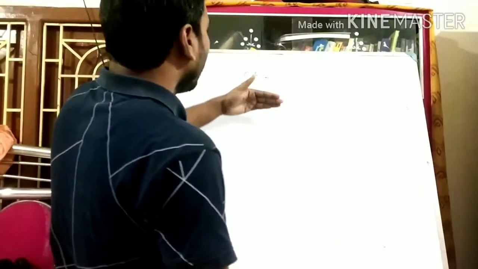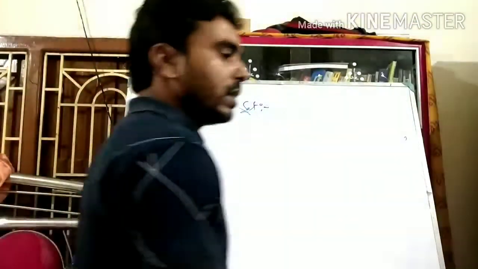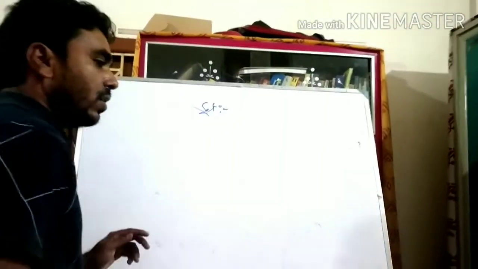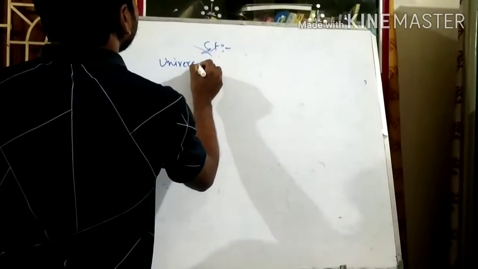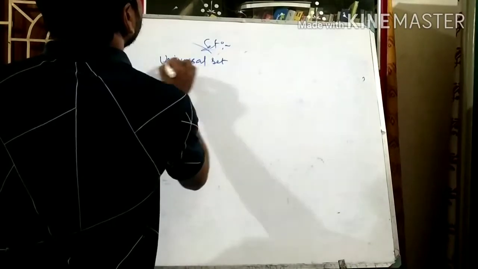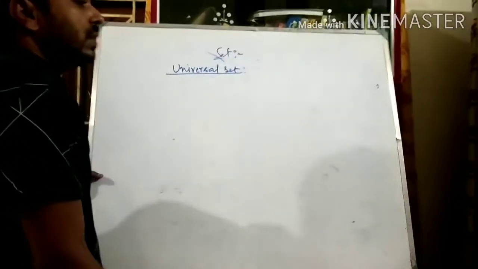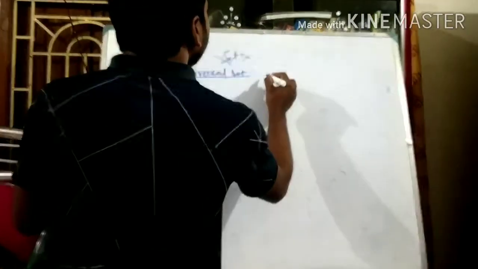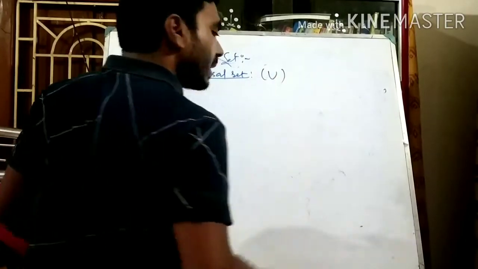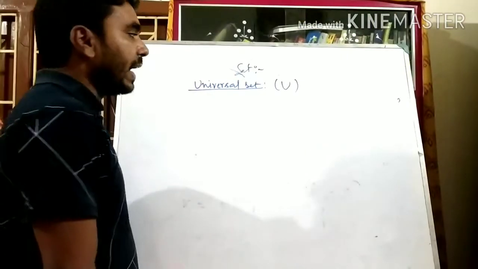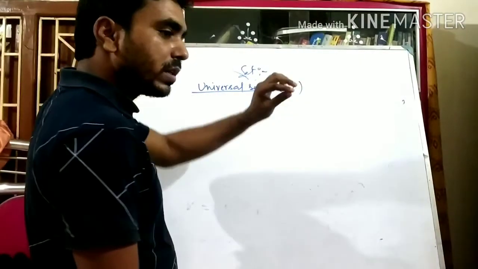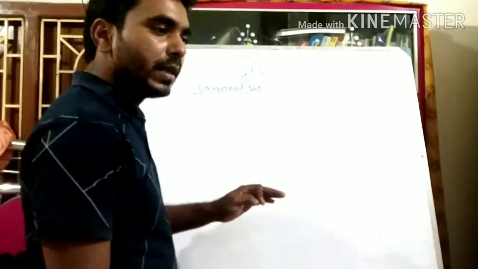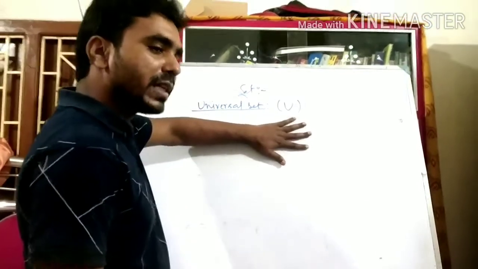Before going to discuss the algebraic operations on a set, let us try to understand what is called the universal set. Universal set is usually denoted by the capital letter U, and the universal set is not a fixed or unique set. It depends on a particular problem.